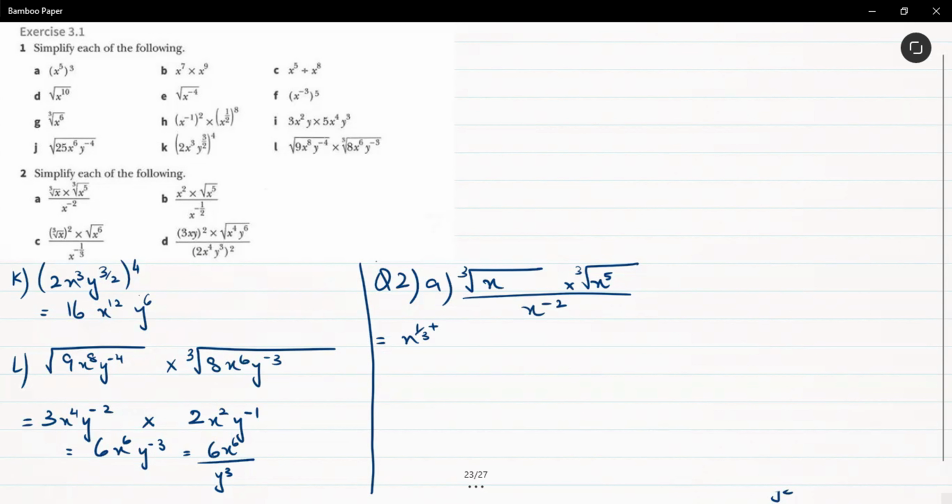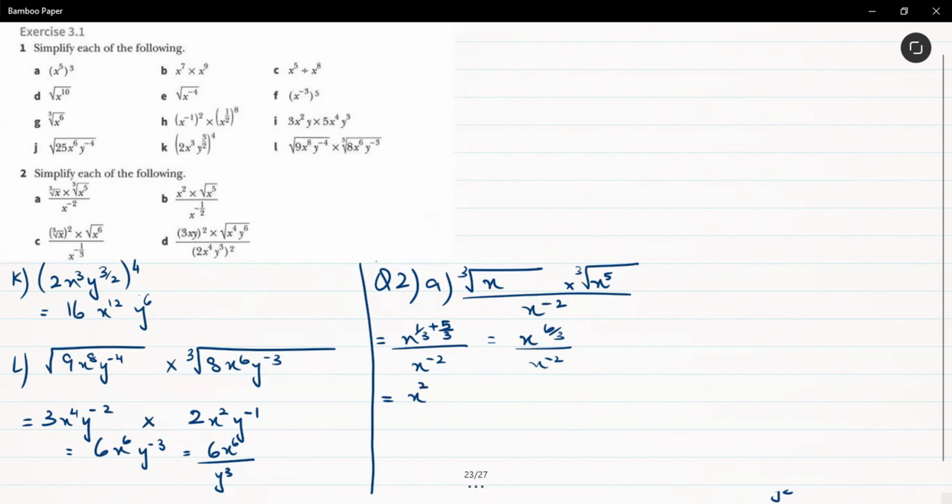So it's going to be plus 5 over 3 divided by x to the power -2. Okay, so when we write it in a different form, it's much simpler for us to solve here. So it's going to be x to the power 6 over 3 divided by x to the power -2. Okay, and then what we're going to say is x to the power 6 over 3 is equal to 2.